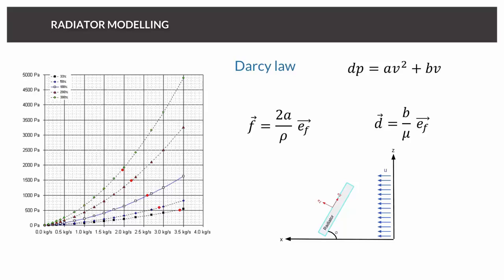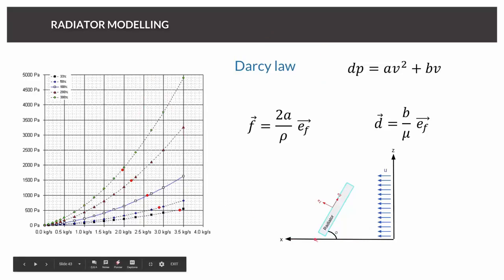At the end of the day, we characterize our radiator and replace it with a new volume, where we describe the resistance in all three directions. We just need to provide some transport coefficients for all three axes.